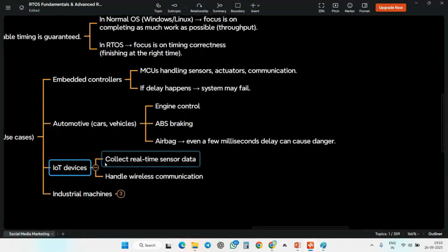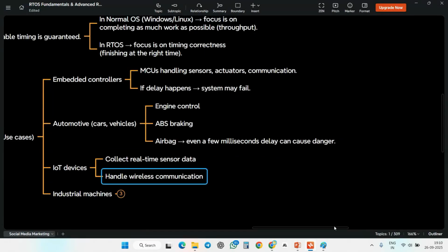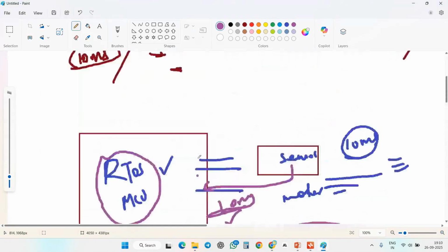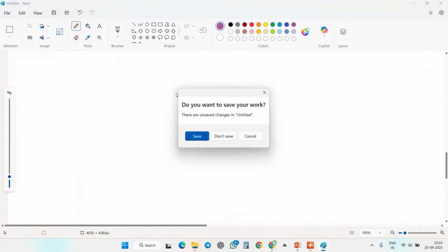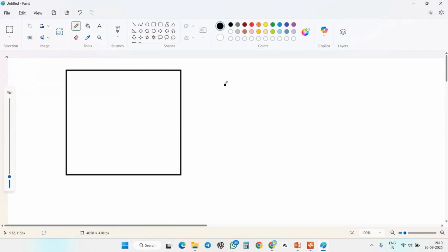And in IoT devices, you can use it for collecting sensor data. The same thing happens in wireless communication: whenever you want to collect data continuously every 10 milliseconds.